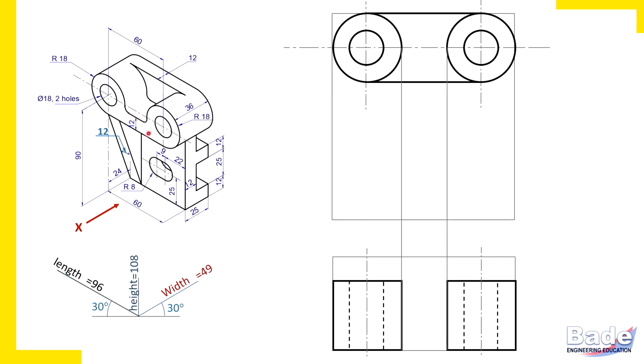And here at distance 12 mm from this lower tangent, vertically measure 12 mm and draw a thin line. Don't make that line dark at this stage, because there are curved edges here of radius 4 mm approximately. If radius of such small curves are not given, we can assume that radius.